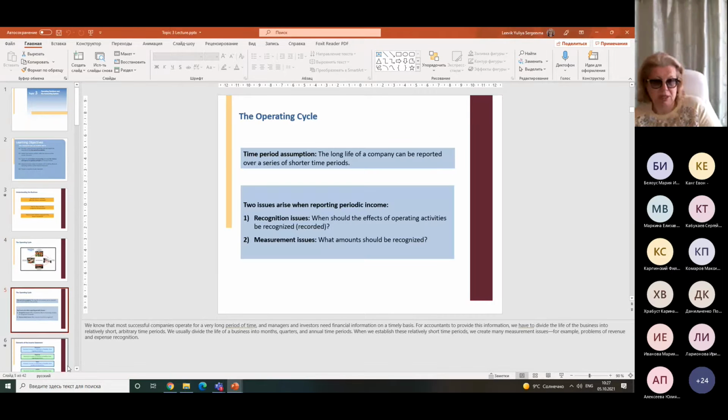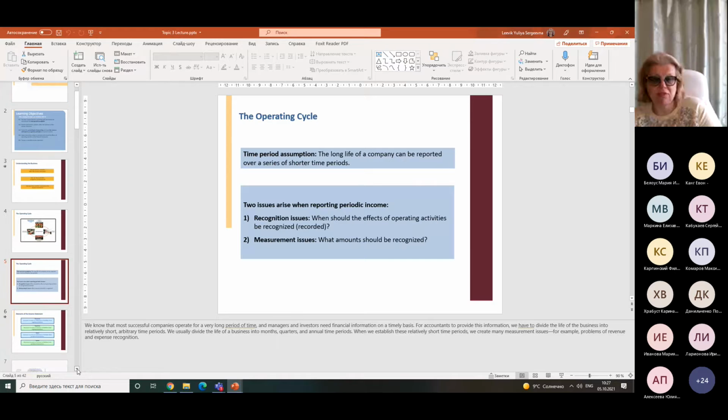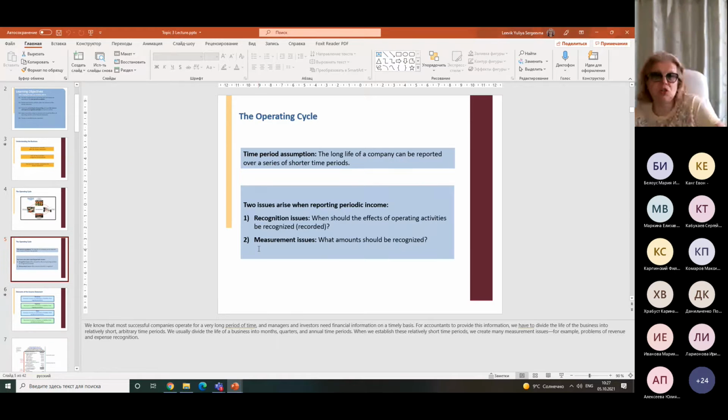What else? Oh yes, here we have the description of a main concept in accounting, which we call accrual accounting. So the logic of accrual accounting is to consider the time period assumption. The time period assumption means that we should recognize revenues and expenses which are devoted to the specific time, to match them to each other.